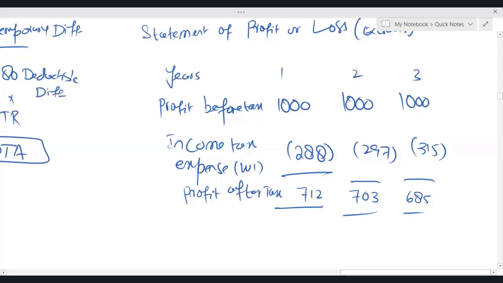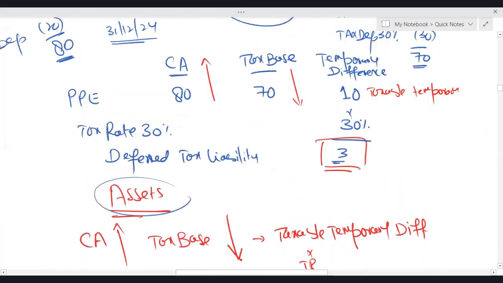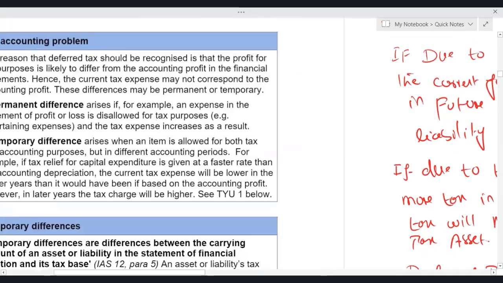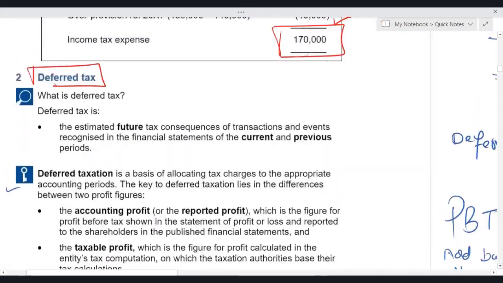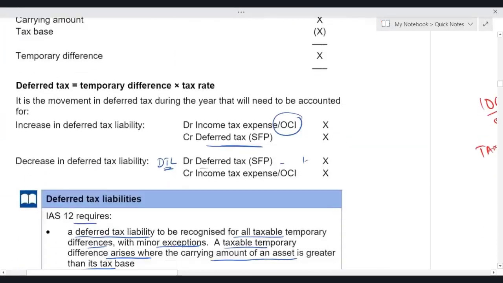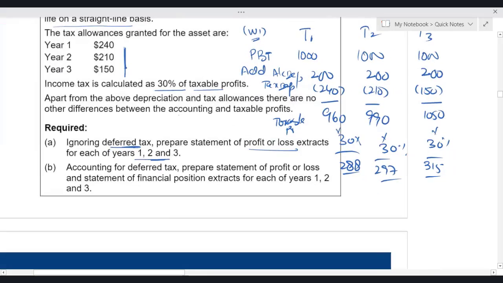Okay. Now let's go towards part B of the question. Accounting for deferred tax.